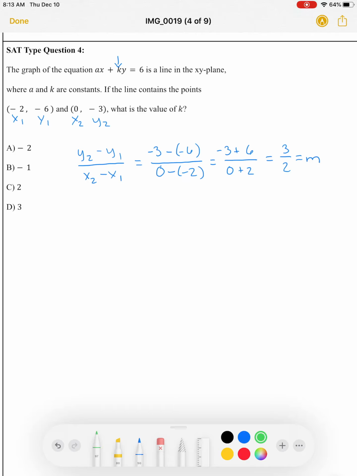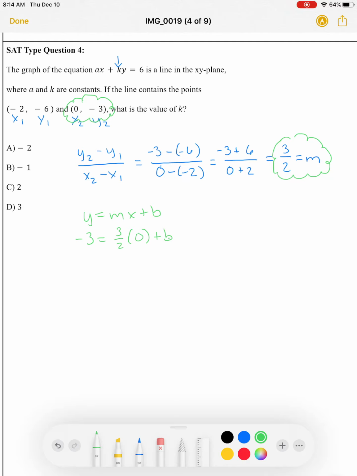We can solve for the value of our y-intercept b by picking a point. I'm going to pick the second point, and the slope m that we just found, and substitute it into the y equals mx plus b equation. We would have -3 equals 3/2 times 0 plus b.